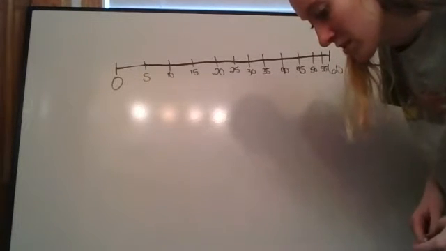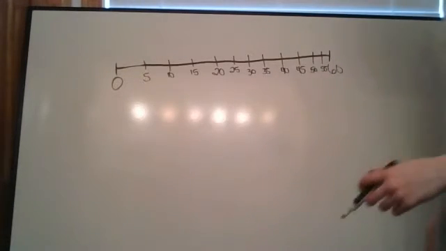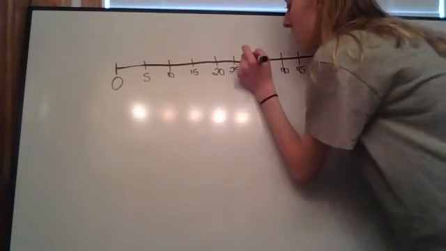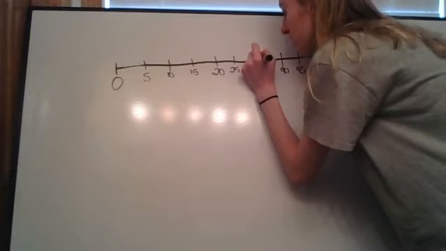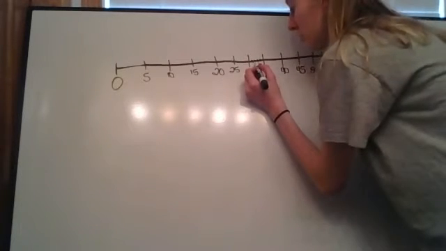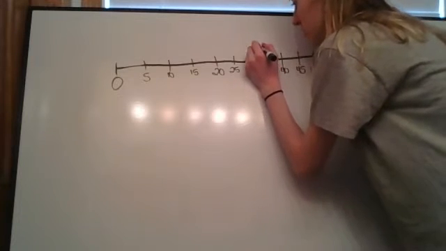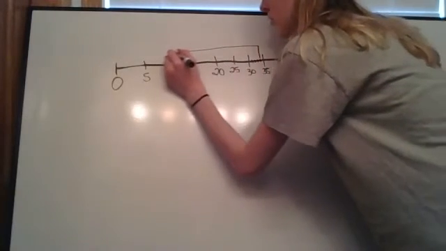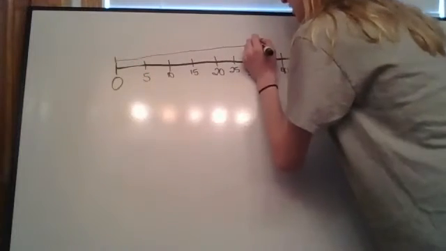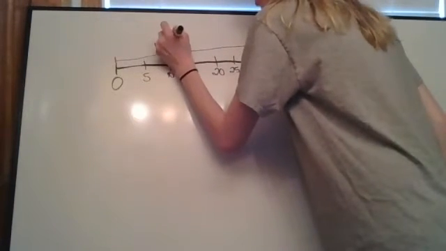So it says that she spends 34 minutes washing her dog. So I'm just gonna go ahead to the 30, and I'm gonna draw those 4 extra tick marks in there. 31, 32, 33, 34. So the last tick mark, I'm just gonna draw a line up. This is how long it takes her to wash her dog. So I'm going to put wash dog.